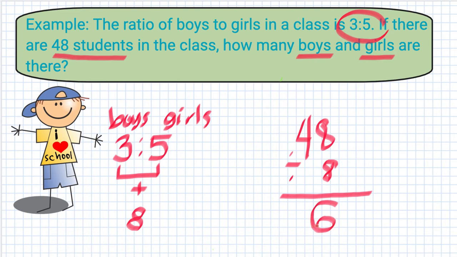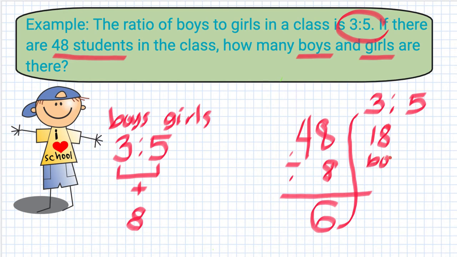Whatever the quotient, you need to multiply that by the numbers in the ratio. Since the ratio is 3 boys to 5 girls, we have 6 times 3, which is 18, so there are 18 boys.